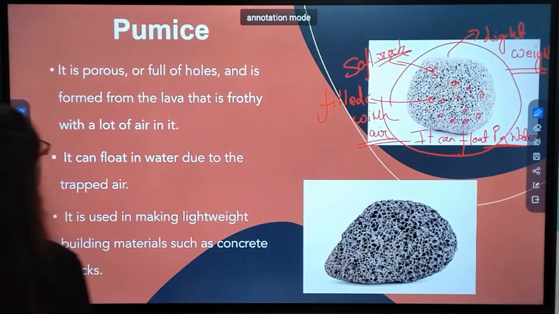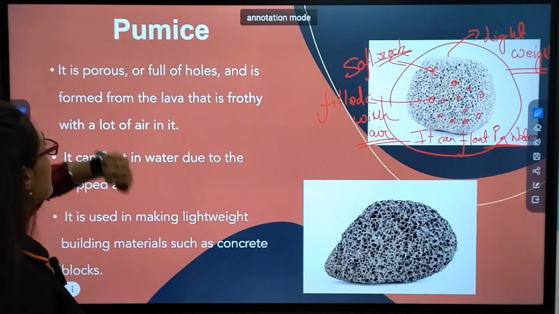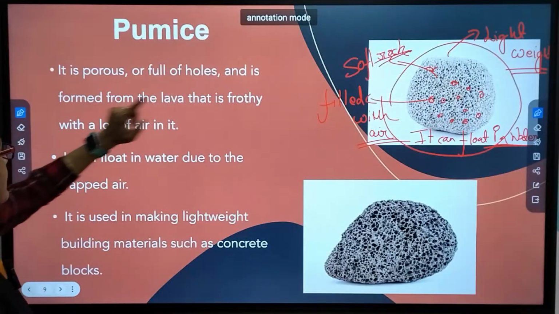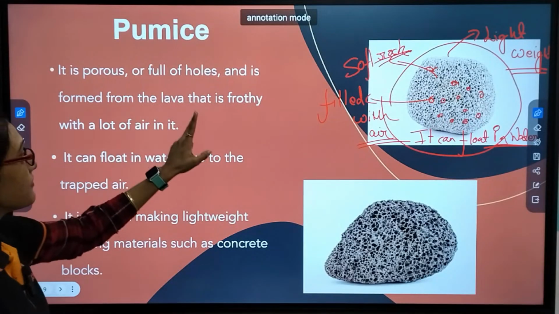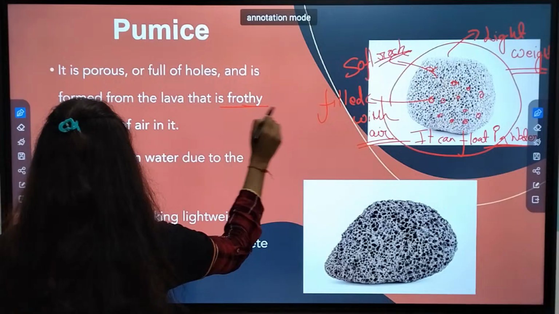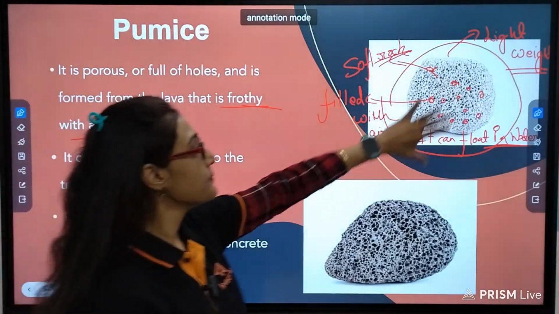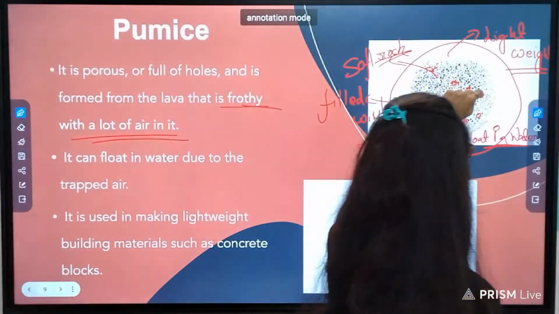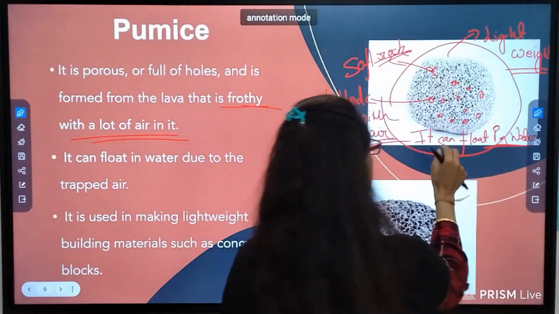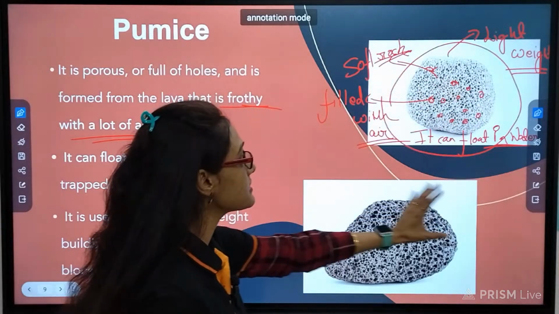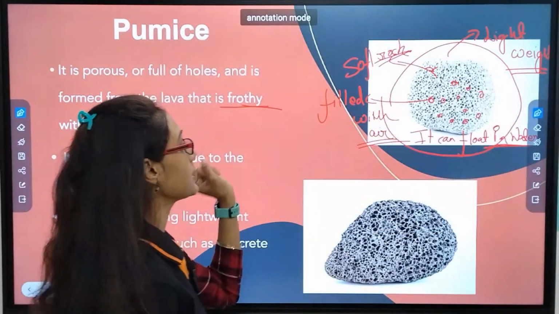Now let's read. It is porous, we have just seen, full of holes, right, and is formed from the lava that is frothy with a lot of air in it. It means that it is lightweight and it has so many holes which are filled with air and it makes it lightweight. So it can float.